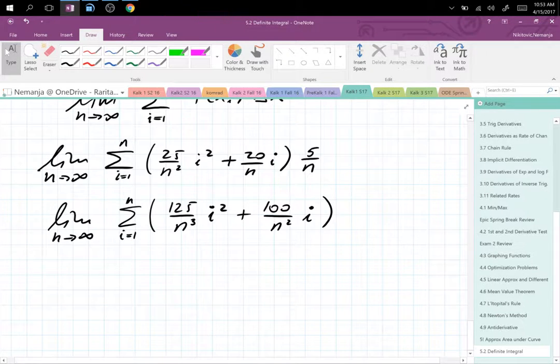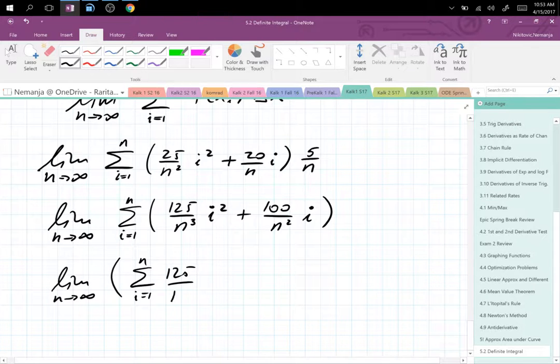Now we're going to split and kick these in front of sums. Well, let's split, one step at a time. So 125 over n cubed i squared plus summation, again, of 100 over n squared i.